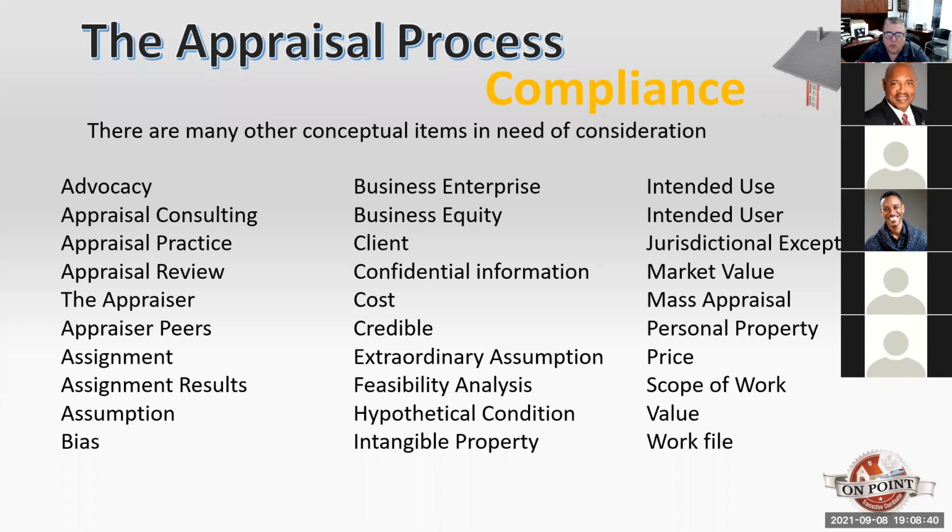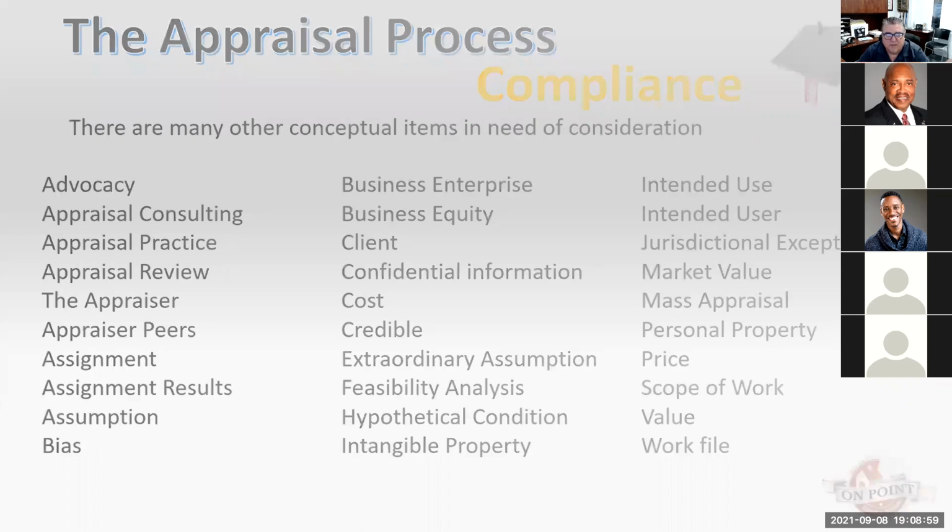Hey, if this house was 1,600 square feet because I'm going to put in a 400 square foot addition, how much would it be worth? That's a hypothetical condition. That goes along with what an appraiser should and could consider in the value of a property. Any questions or comments on that?